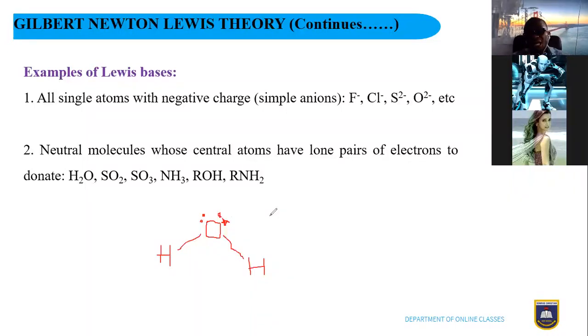A structure like this is what we call the Lewis electron dot structure, where dots are used to represent electrons. The kind of hybridization that happens in water is sp3 hybridization. And water has a shape we call a bent shape or a V shape, because the two lone pairs repel each other.